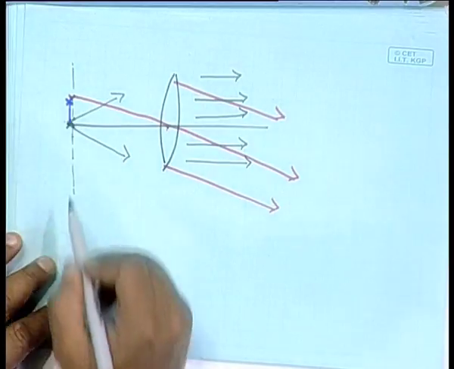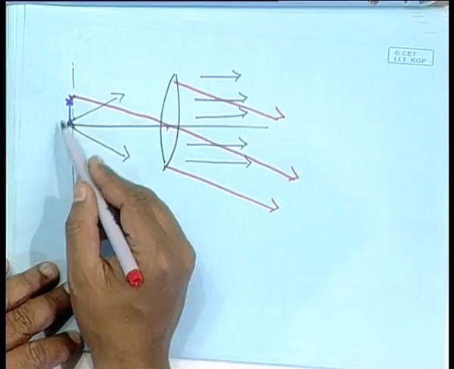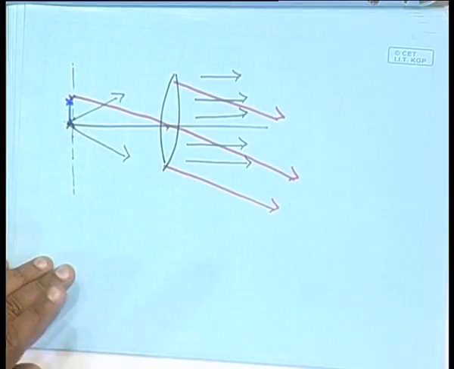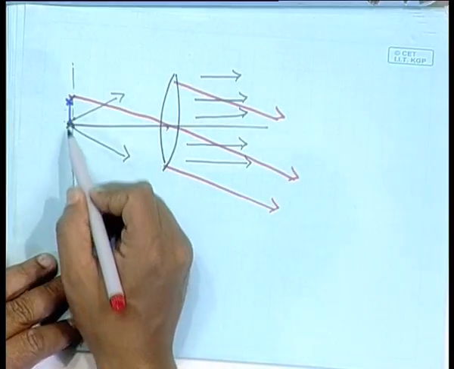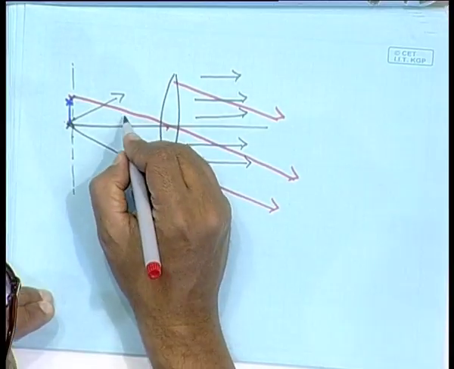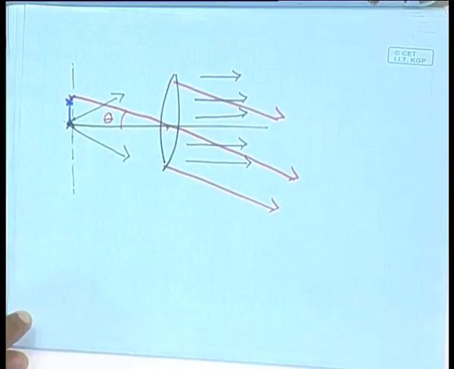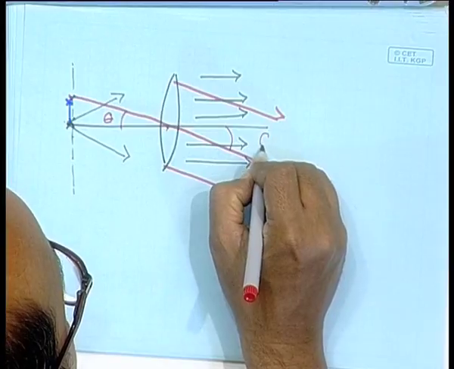On the focal plane, if I move the source up or down, for all of these situations, the light that comes out will be a plane wave. The only difference is that you can change the direction by moving the source up and down in the focal plane. If you move the source up an angle theta, then the wave is also going to move down an angle theta.